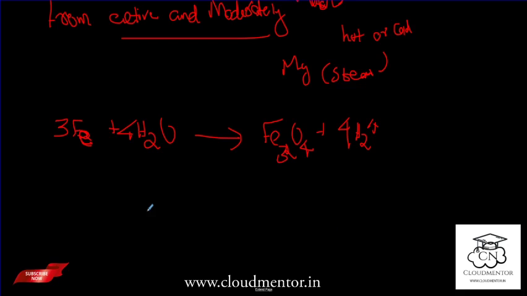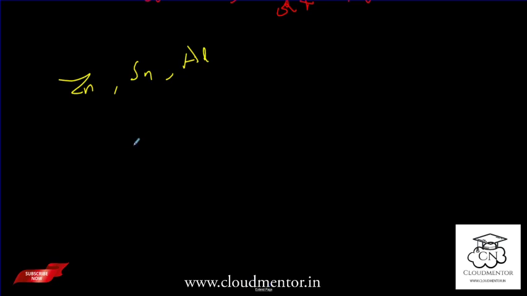Certain metals like zinc, tin, and aluminum react with alkali to evolve hydrogen also. I can show the reaction here.